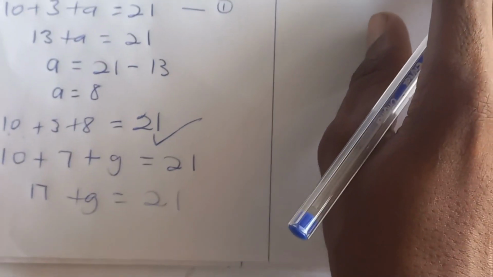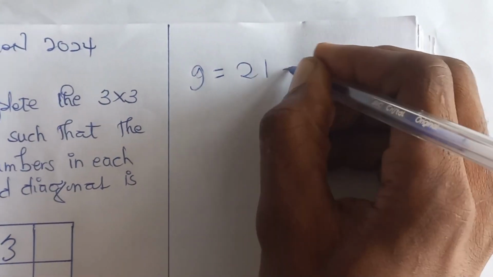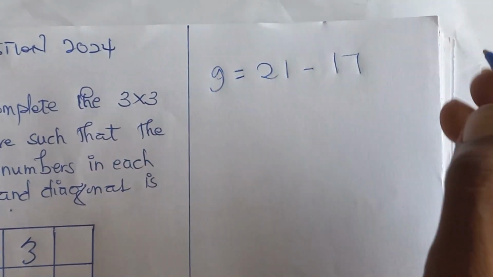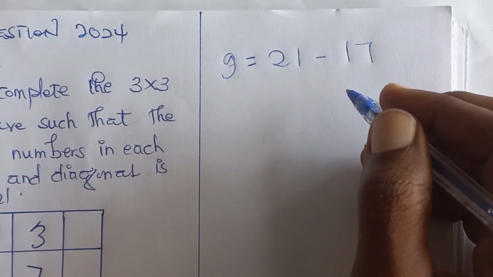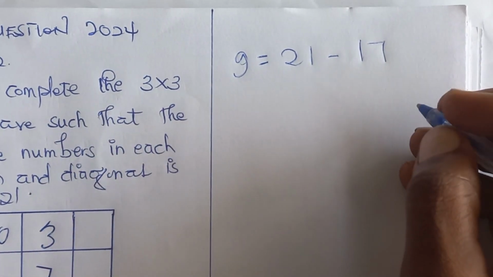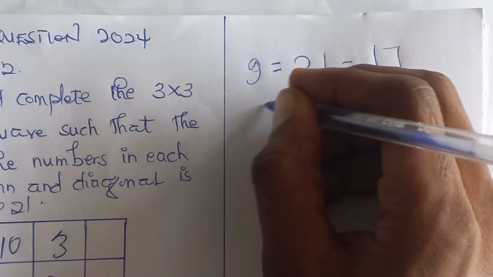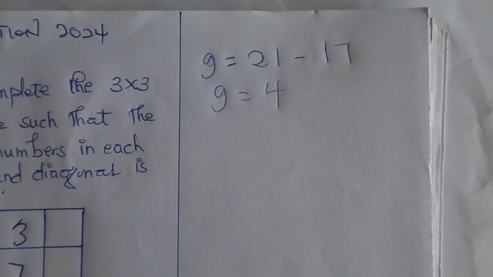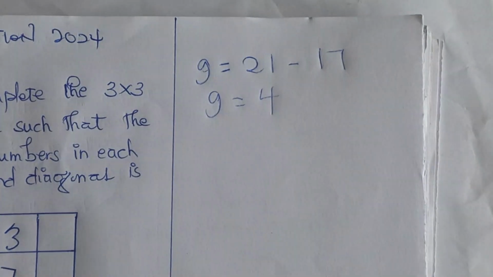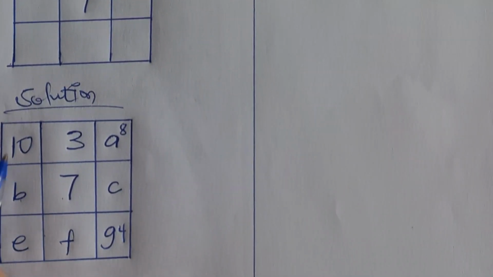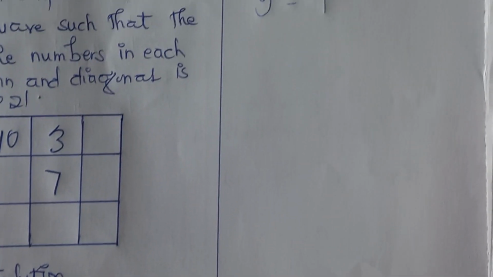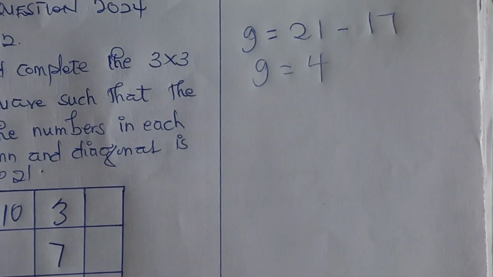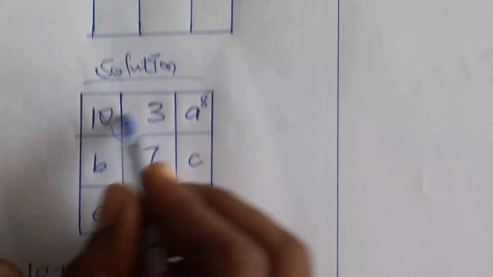Let's continue from here. So we make G the subject, which is 21 minus 17. And 21 minus 17, we are getting 4. So our G is equal to 4. You can see 10 plus 7 is 17 plus 4, 21. So it means we are correct. So we are done with this and this.